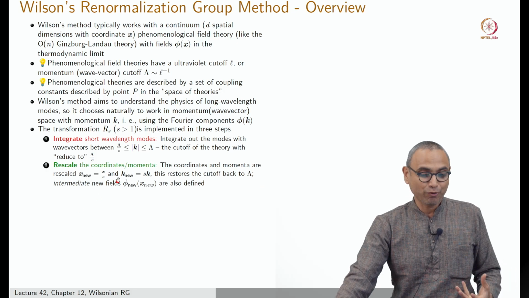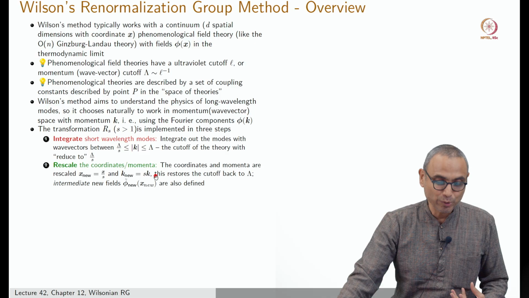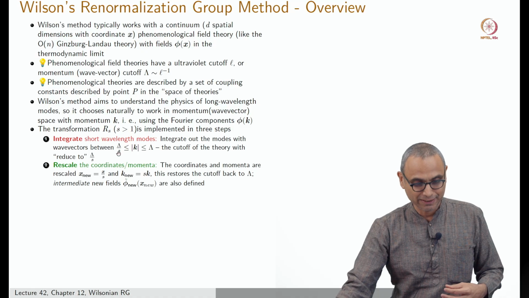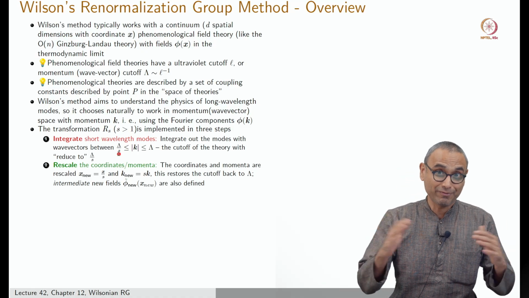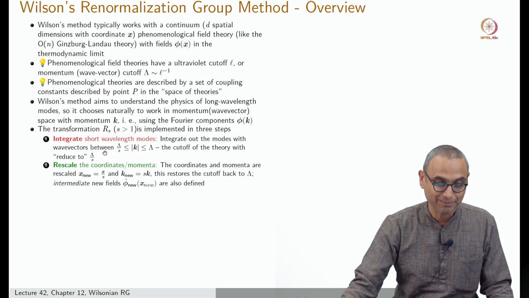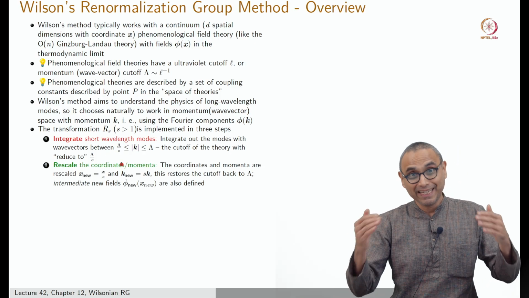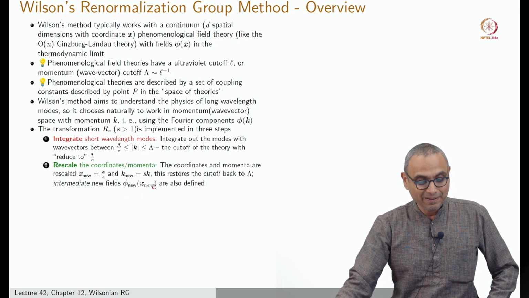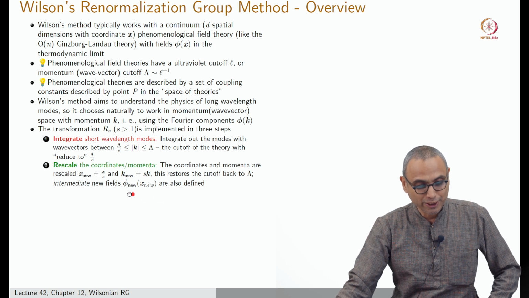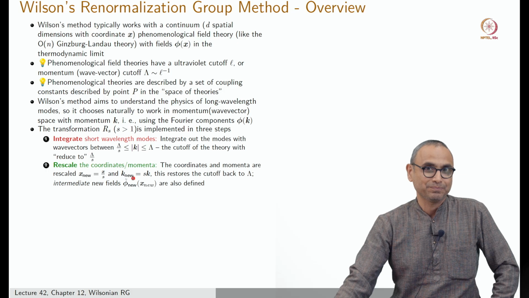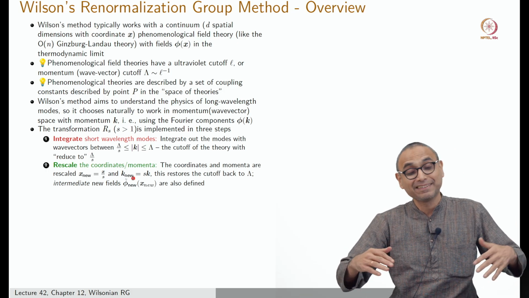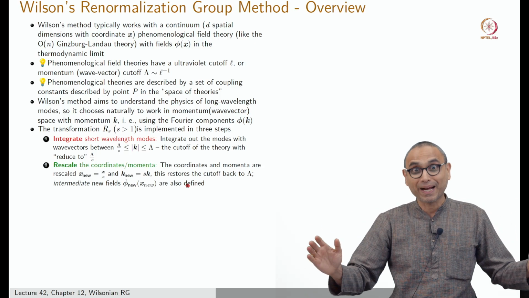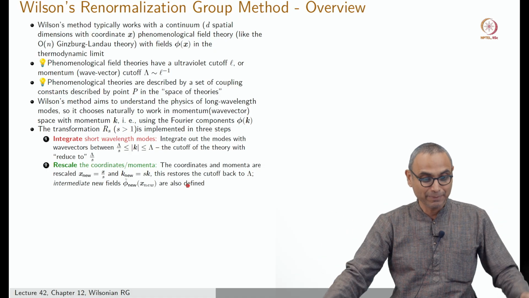Now we introduce a new set of intermediate fields, where after integrating out, we have fields with longer wavelengths, which means only smaller momenta from 0 to lambda by s. Based on this transformation, we introduce the new fields in the new scaled coordinates, so the cutoff is restored back to lambda, and there are these intermediate fluctuating fields.